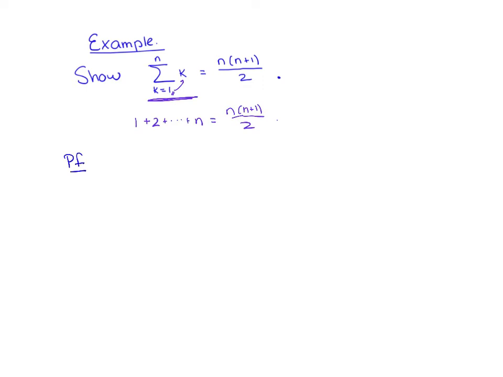Whenever I'm starting an inductive proof, we want to tell the reader what we're going to be doing. So usually we say something like, we proceed via induction. And sometimes you say what you're going to induct on if it's not going to be clear. So here we could just say induction on n, or we could just leave that off. And then the first thing that I need to do is my base case, or my basis step.